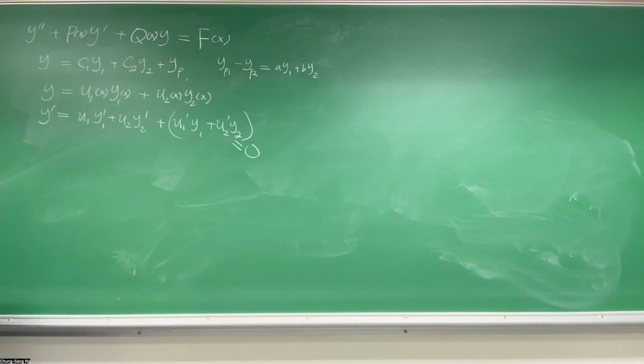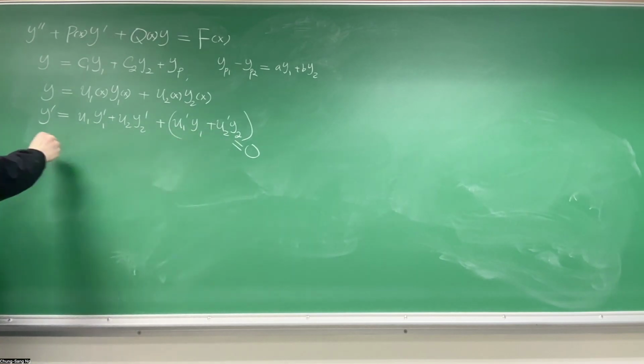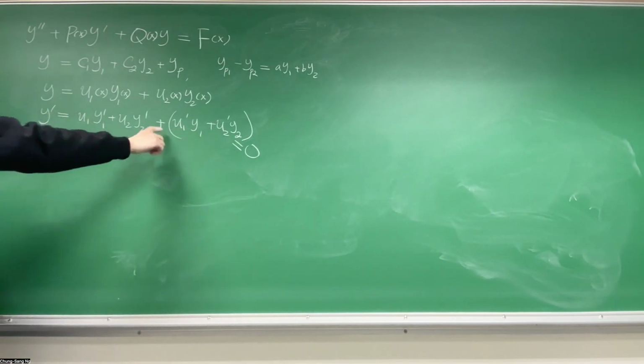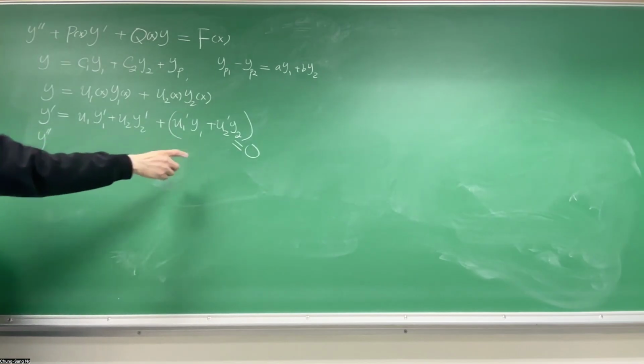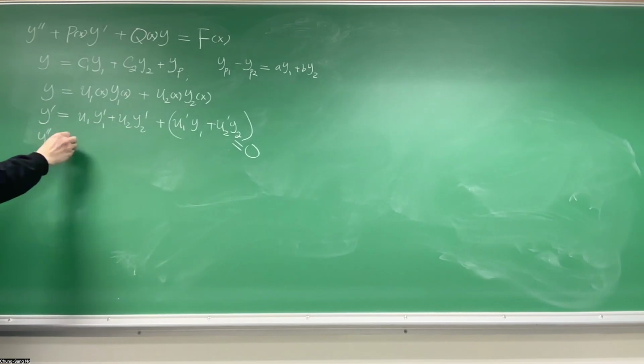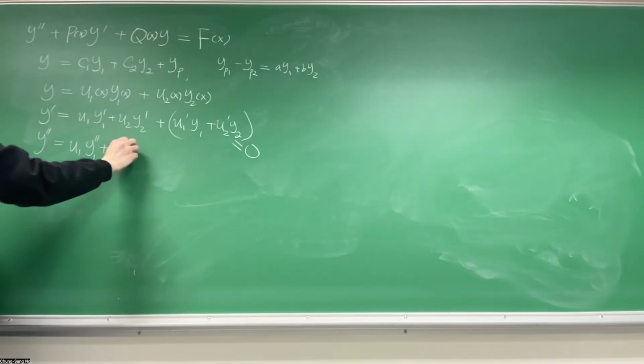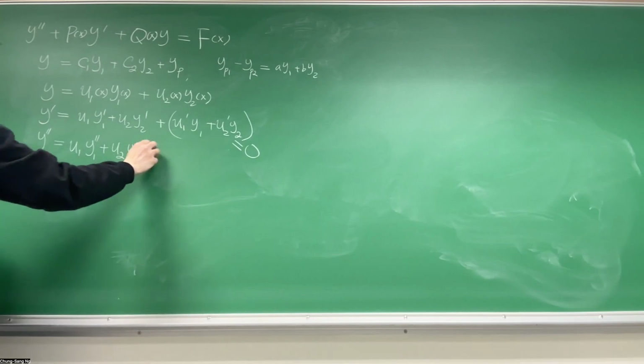Okay, that's one condition. Now, because it's 0, when we take the second derivative, we don't need to take the derivative of this term. We just take the derivative of the first two terms. So again, we'll give you four terms. The first two terms will be u sub 1, y sub 1 double prime, u sub 2, y sub 2 double prime.